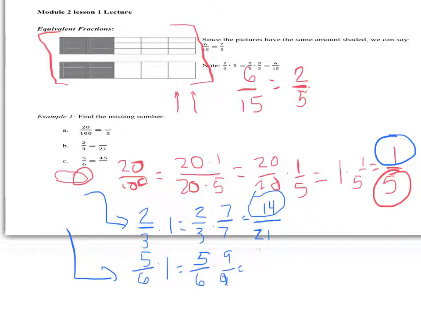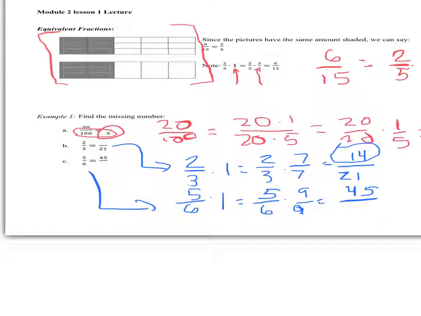And now 5 times 9 is 45. That's what we saw initially. Over 6 times 9 is 54. So in this case, the missing number is in fact 54.